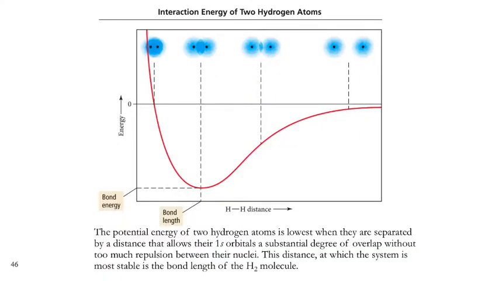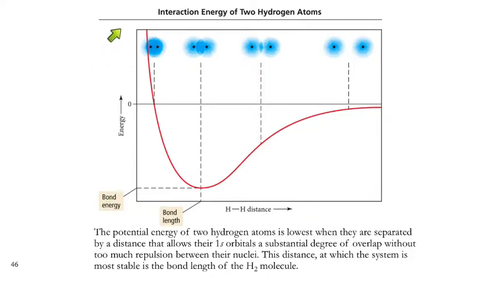So let's look at two hydrogen atoms. They each have one electron. That electron is in an s orbital, which is spherical. Here we have our two hydrogen atoms and this electron cloud representing the density of that one electron. As they're approaching each other, this here is the distance between the atoms, and on the y-axis we have the energy.